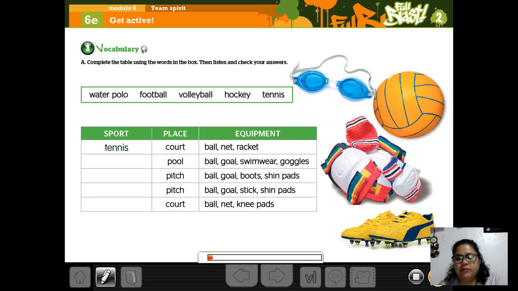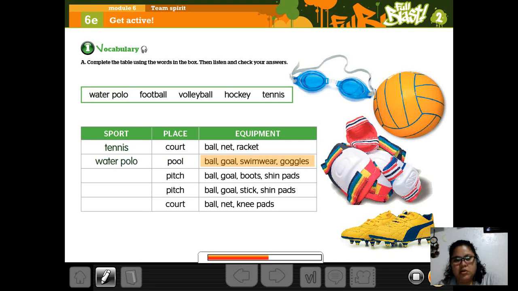6E. Get active. 1. Vocabulary. A. Complete the table using the words in the box. Then listen and check your answers. Sport, place, equipment. Tennis, court. Ball, net, racket. Water polo, pool.